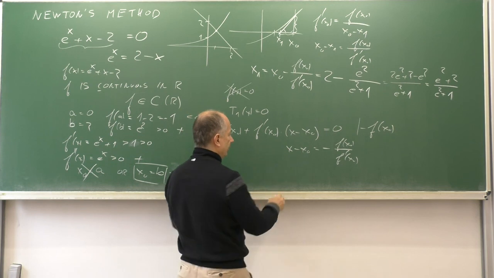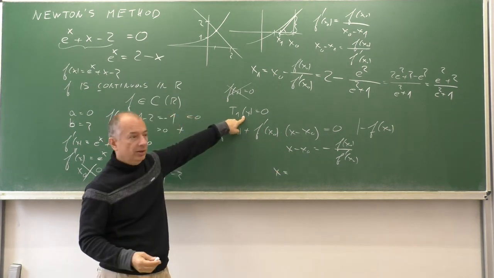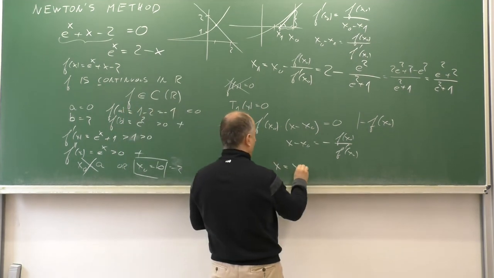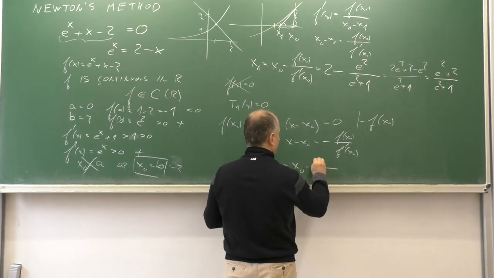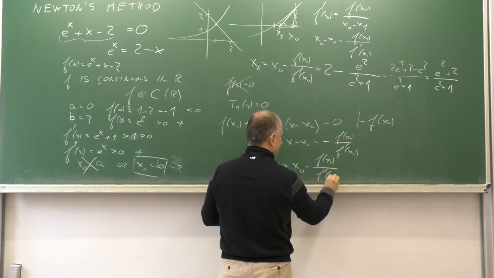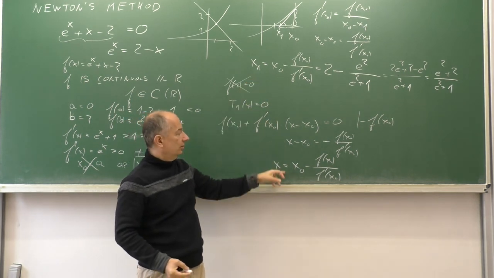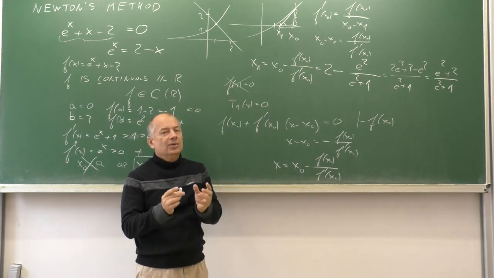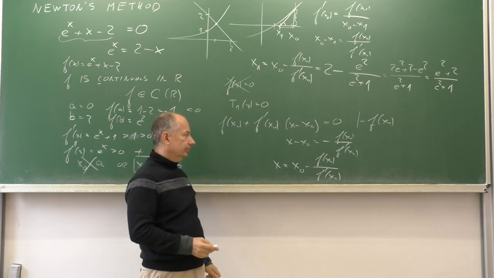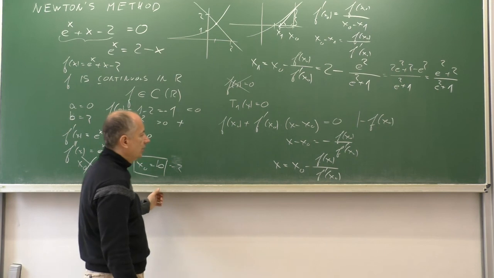And from this we can find x, the solution to this simplified equation, namely x0 minus f of x0 divided by f derivative. And this is the same formula as here, just derived in a slightly different way. But the main idea is the same.